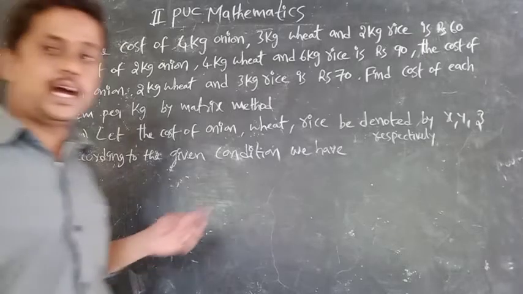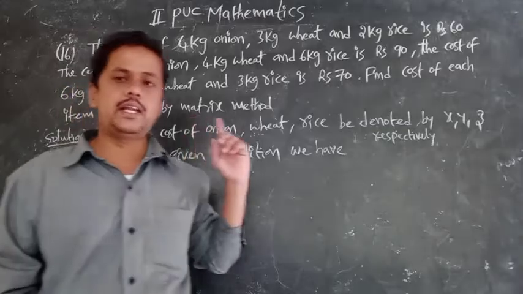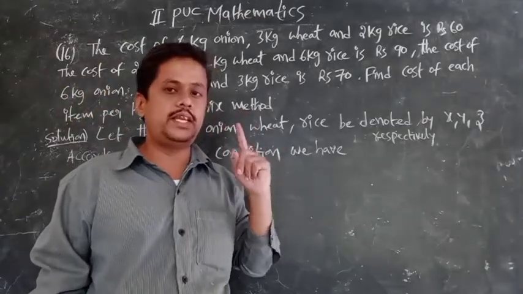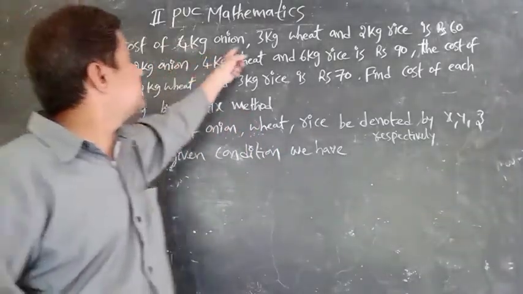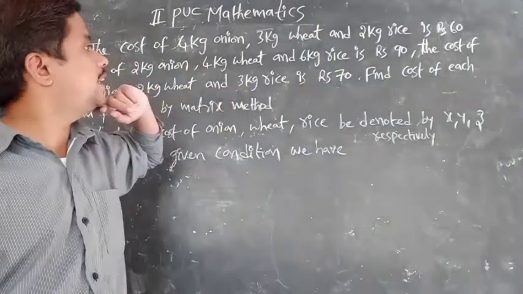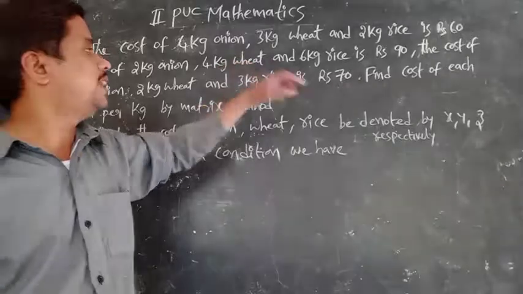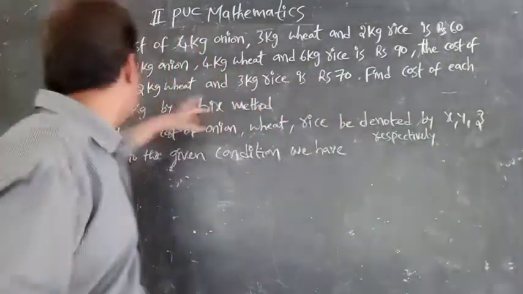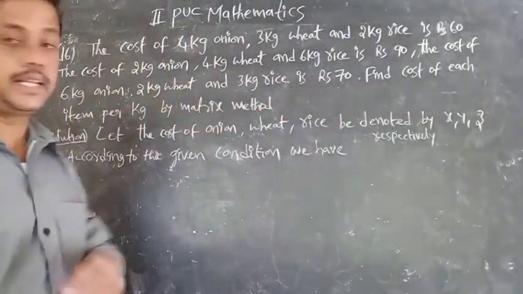See here, how many items are there? We have 3 items: one is onion, second is wheat, third is rice. So you have to find the cost of each item per kg by matrix method.